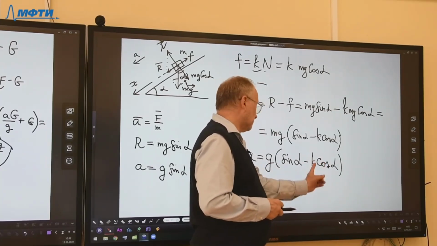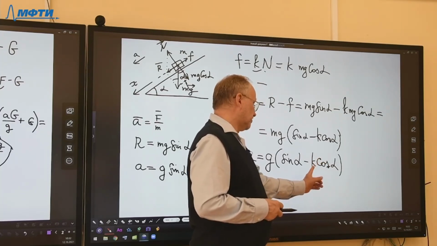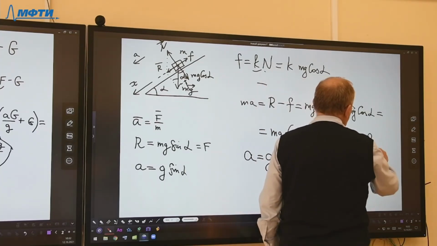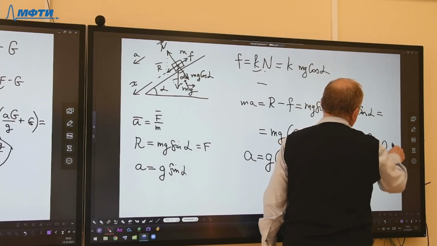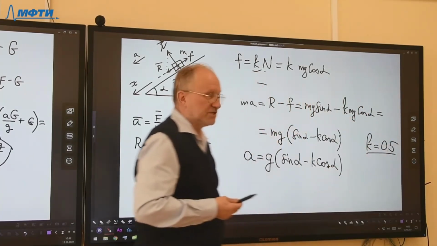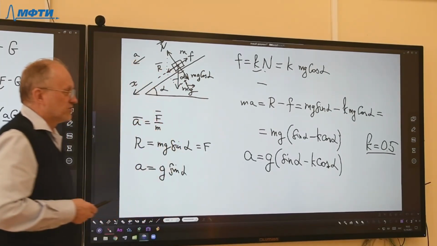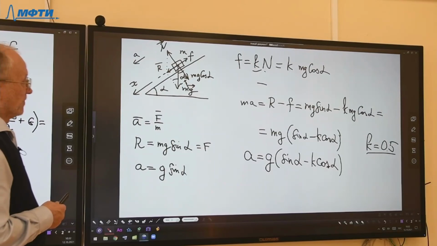It may be equal to 1. It may be more than 1, more than unity. So it's just a number. For example, k may be equal to 0.5 in some particular case. It's just a coefficient without any dimension, without any units of measurement.